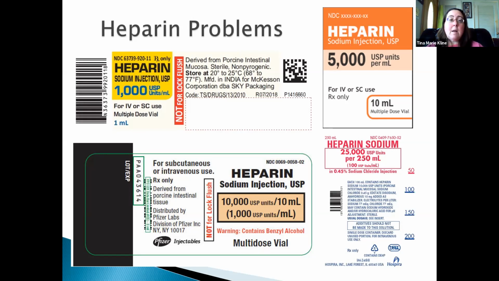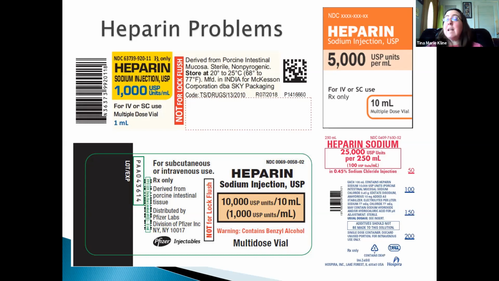Sometimes they're multiple use vials and it's still 1,000 units per milliliter, but there's 10,000 units in 10 milliliters. So you can see there's a lot of numbers on here that really predispose it to some potential errors. I'm just talking about adult dosing. We also have heparin vials that contain 10,000 units per 1 milliliter. Those are the ones we use for adults.